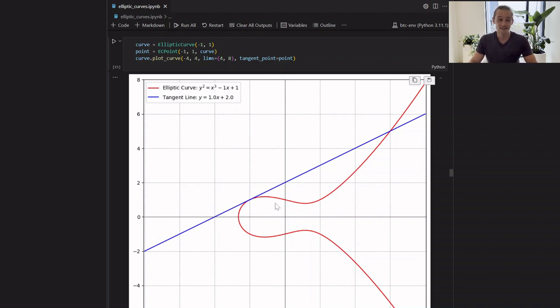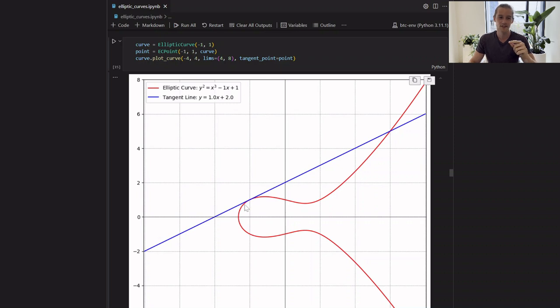If we have a line that's perfectly tangent to the curve at some point, and it's not perfectly vertical, the same reasoning applies that we used above: if a straight line intersects an elliptic curve at 2 points, and it's not a perfectly vertical line, then it's mathematically guaranteed to intersect a 3rd time.